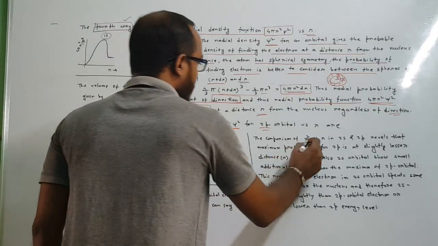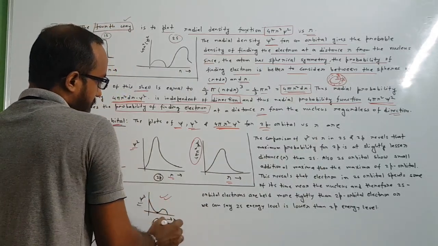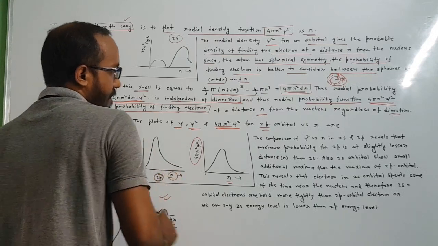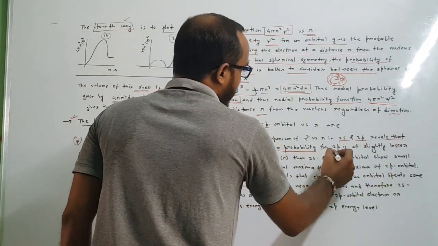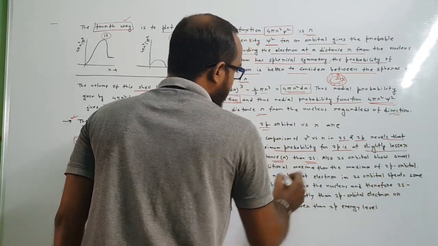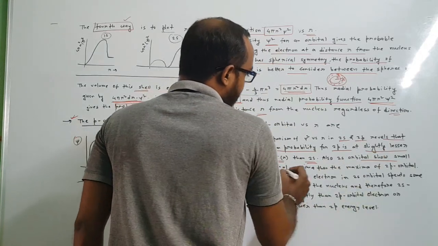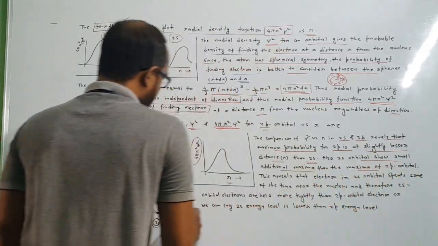Now if you compare the 2s orbital psi square versus r curve with the 2p orbital curve, it reveals that the maximum probability for 2p is at a slightly lesser distance than 2s. Also 2s orbitals show a small additional maxima.